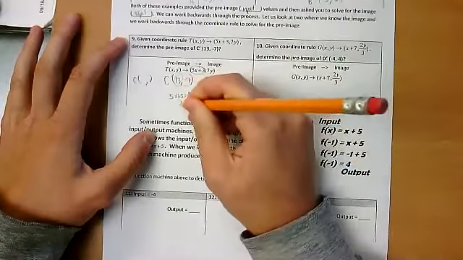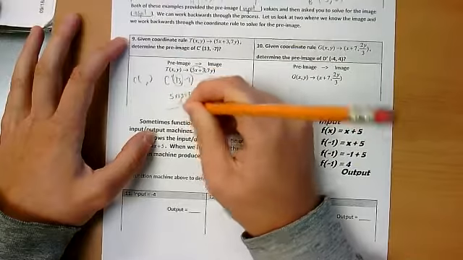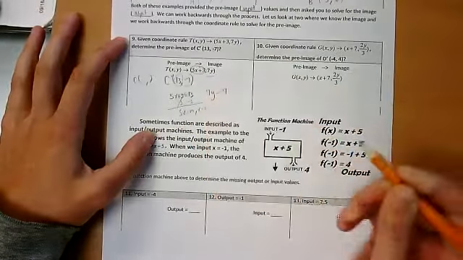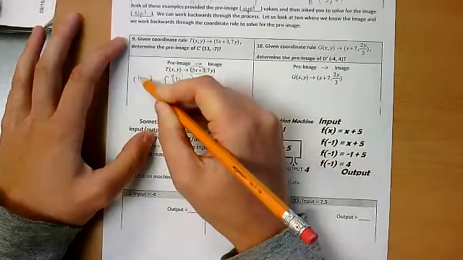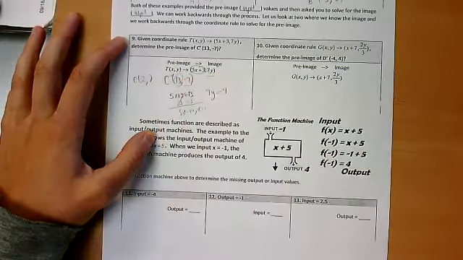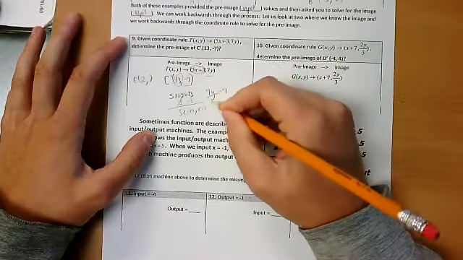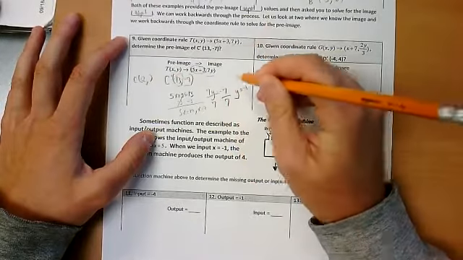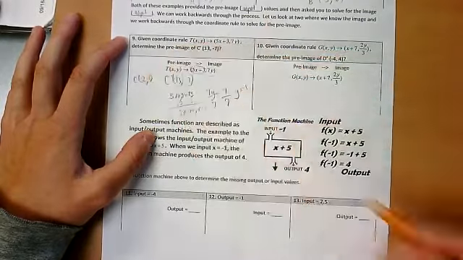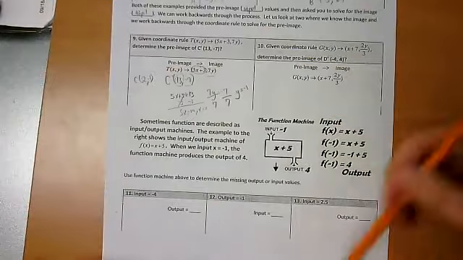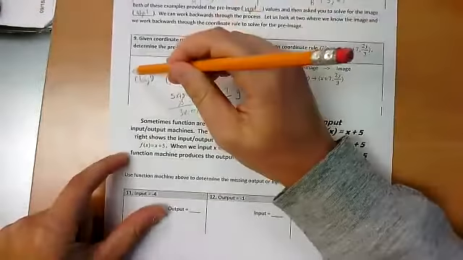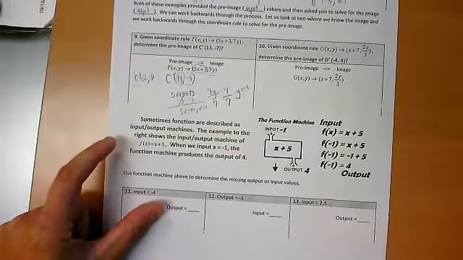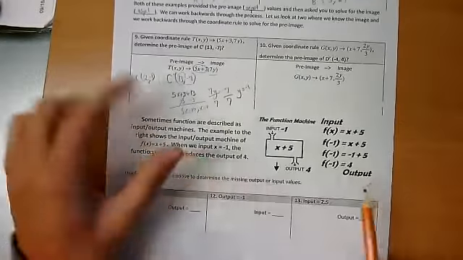Solving my 2-step equation, subtract 3, 5x is equal to 10, so x is equal to 2. So my x point for my pre-image is 2. Now solving for y, I divide out the 7, and y is equal to negative 1. So the pre-image point that I just worked backwards to solve for is C, which is (2, negative 1), okay?